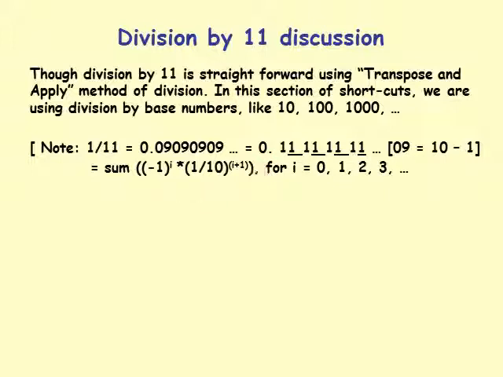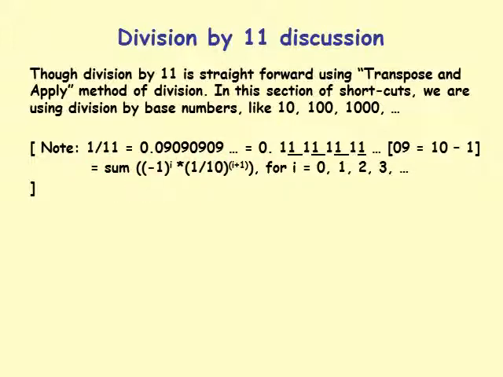So that is equal to the sum of terms like minus 1 to the power I times 1 over 10 to the power I plus 1, for I equal to 0, 1, 2, 3. So this can be represented as a sum of terms like this.